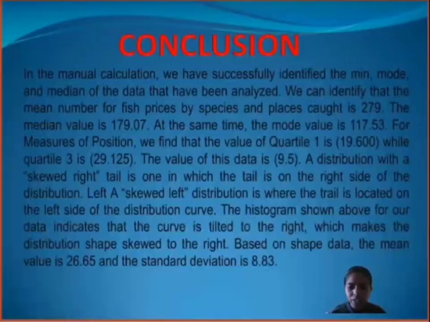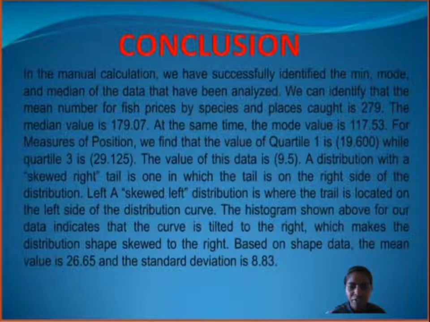In conclusion, from the manual calculation, we have successfully identified the mean, mode, and median of the data that have been analyzed. We can identify that the mean number of fish price by species and place catch is 279. The median value is 179.07.